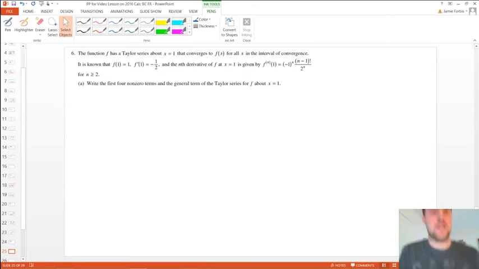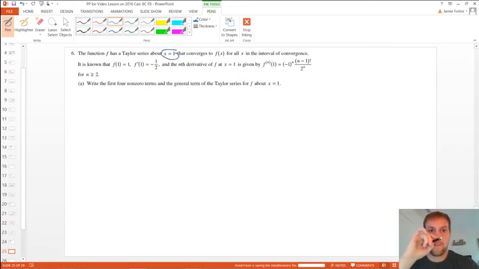So let's just write it piece by piece here. The function f has a Taylor series about x equals 1, so that's my center, that converges to f of x for all x in the interval of convergence, which it hasn't told us yet. That's how it works. A series is going to map a function f of x for all x on an interval of convergence.